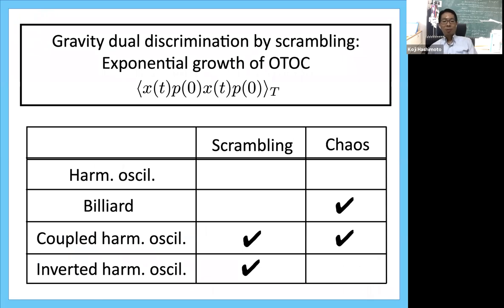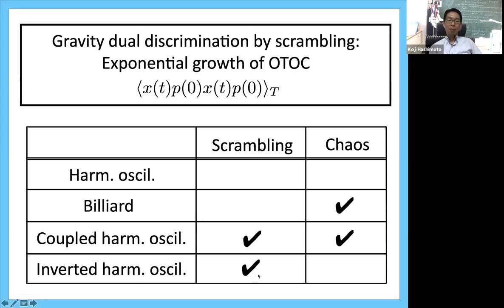So here is the conclusion. I think we had a nice discussion with all of you. This table of scrambling versus chaos can be filled in any way, even for one-dimensional or two-dimensional one-particle quantum mechanics. So we have to be very careful about the distinction between these two.